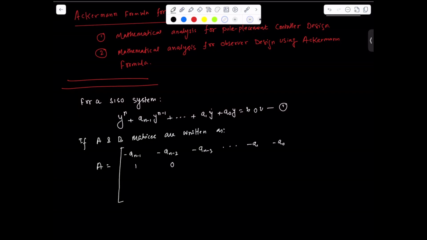Then the next row is 1 0 0 0 0, then 0 1 0 0, and the last row 0 0 0 0 and 1.